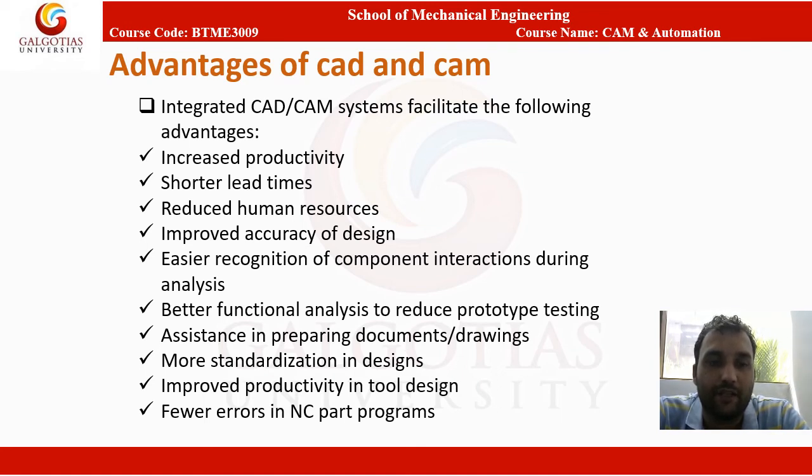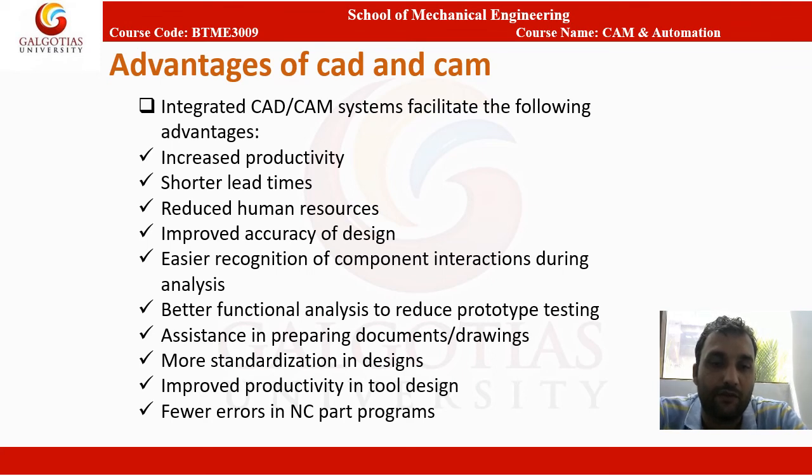Shorter lead time, and reduced human intervention, as we are using an automated system for designing and manufacturing, so there is a reduced human resources requirement. Improved accuracy of design, and easier recognition of component interaction during analysis.